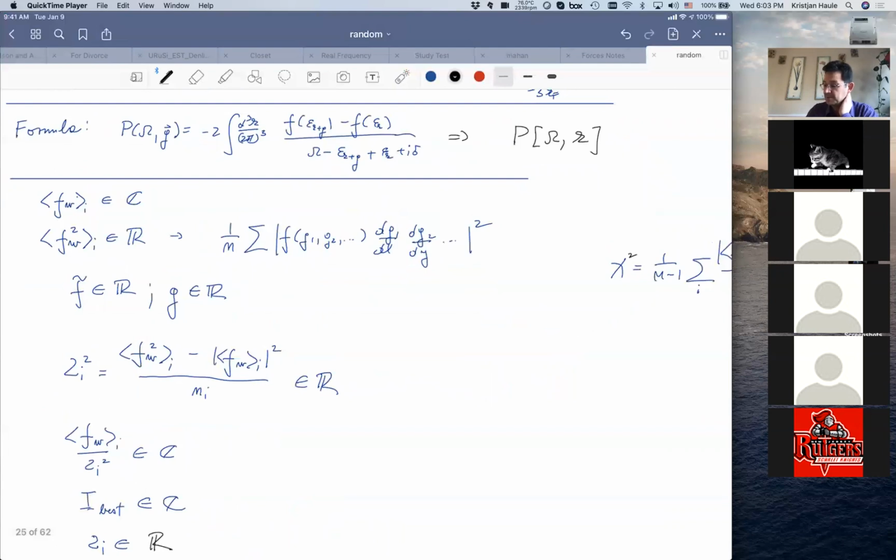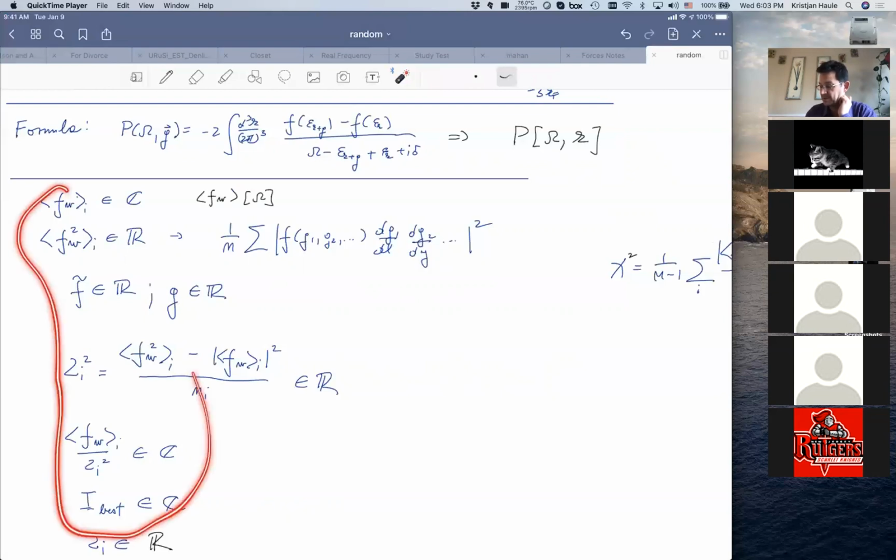Fw is going to be an array of omega, and Fw square is going to be an array of omega. All these quantities that we have in cumulants are going to be arrays. The only thing that will not be an array is these grids. The grids will depend only on Fw square of zero frequency. That's the idea.